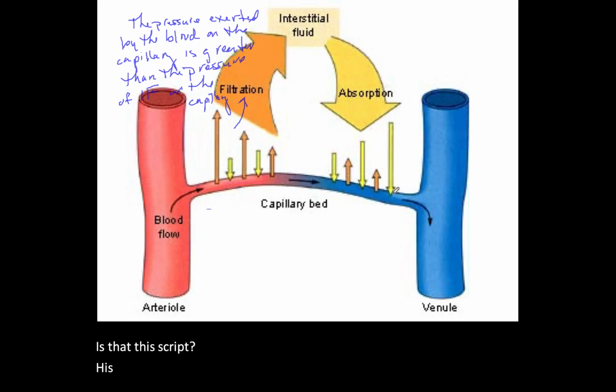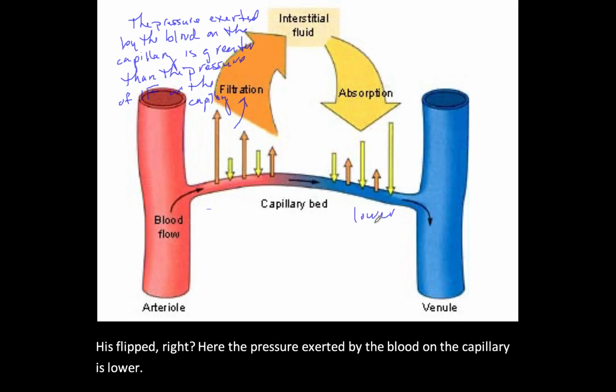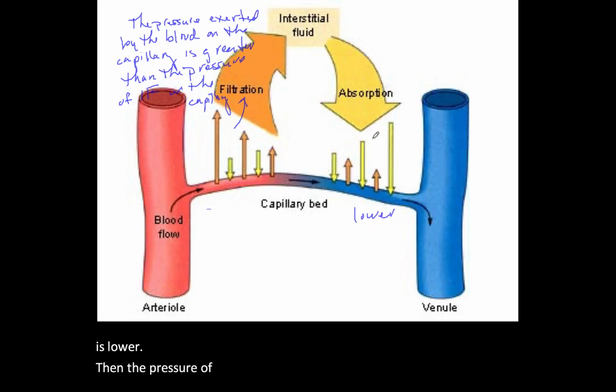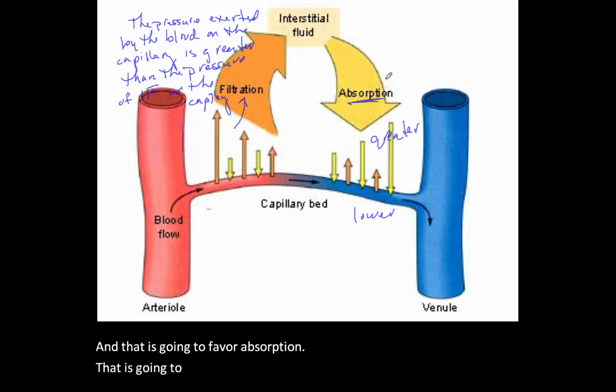Here, the pressure exerted by the blood on the capillary is lower than the pressure of the interstitial fluid pressing on the capillary, which is greater. And that is going to favor absorption.